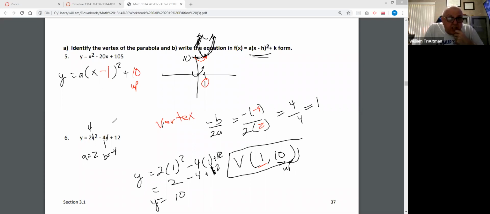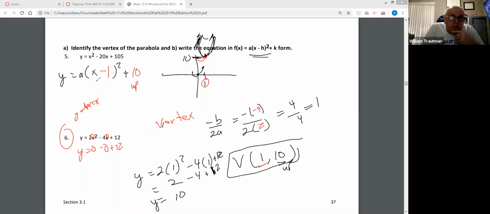Now, watch what happens here, and we can actually see this. By the way, we're doing number 6 right now. If I put a 0 in the original problem to find the y-intercept, y equals 0 minus 4 times 0 is 0 plus 12.